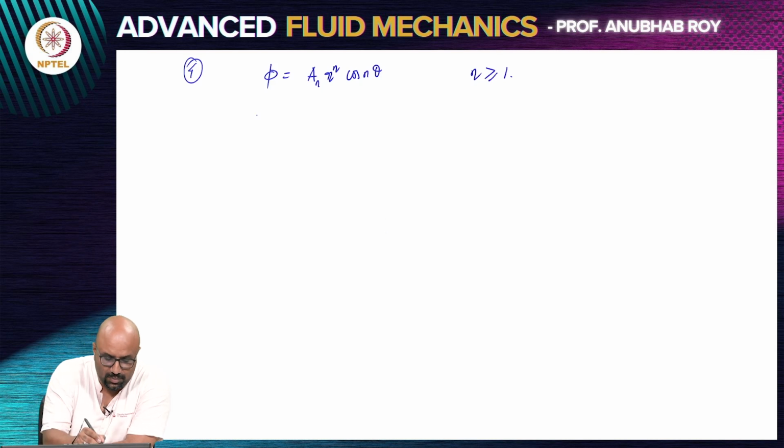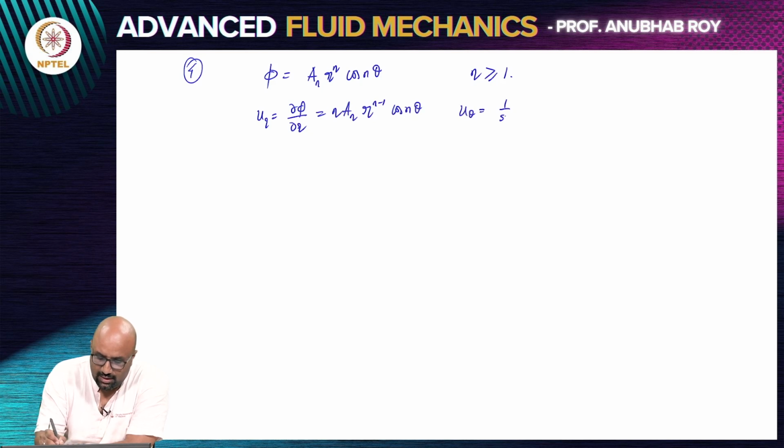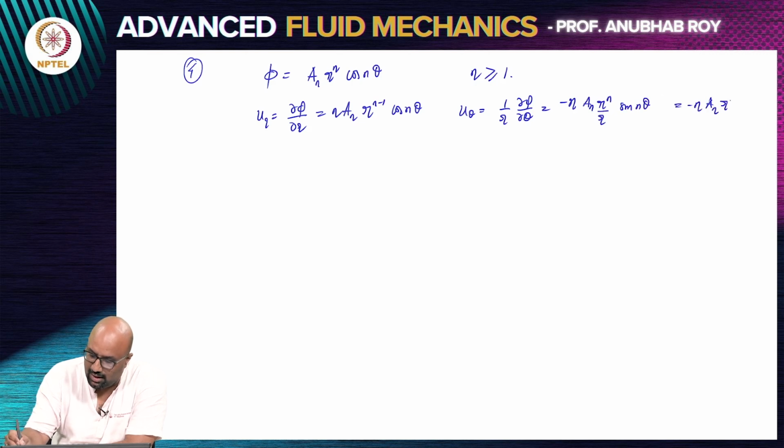If I consider them to be a positive integer, my u_r is dou phi dou r, which is a_n n r^(n-1) cosine n theta, and u_theta is minus n a_n r^n by r sine n theta. So, it is minus n a_n r^(n-1) sine n theta.